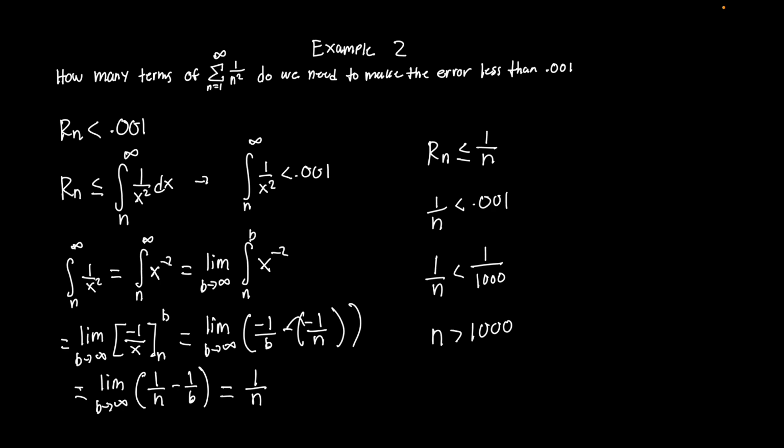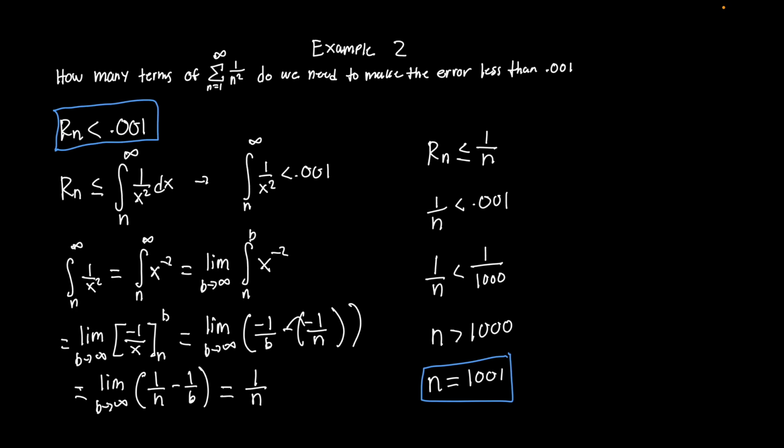So the first whole number that works, because remember it's n greater than 1,000, not greater than or equal to, because look at the theorem, the error is less than 0.001, not less than or equal to. So it's not equal to 1,000. The next whole number after 1,000 is 1,001. That is your answer. So we need at least 1,001 terms to guarantee that the error is less than 0.001. That's a lot of terms if you ask me.